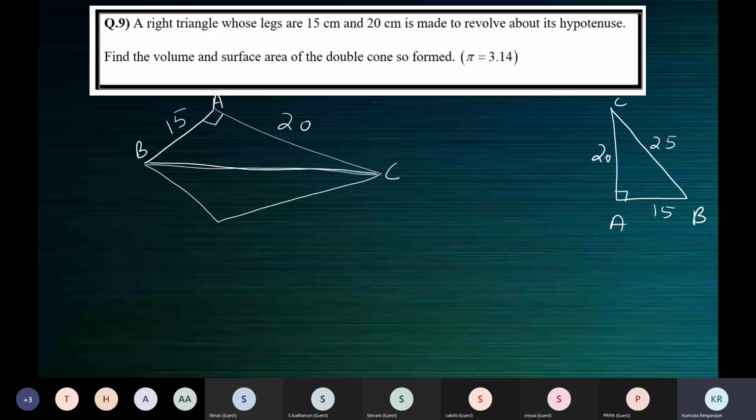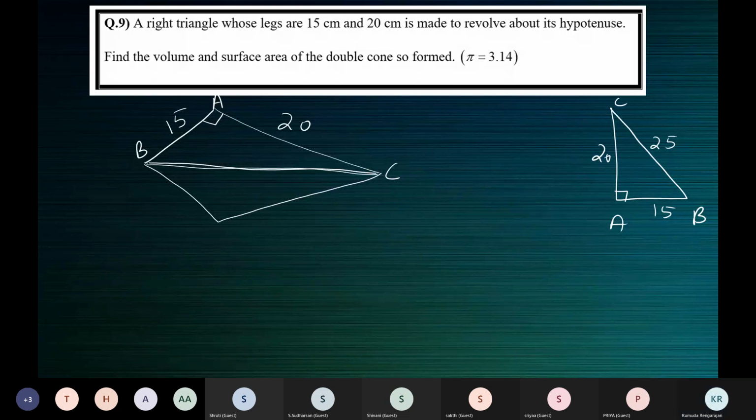You have a right triangle ABC, right angle at A. The legs are 15 centimeters and 20 centimeters. Using Pythagoras theorem, you find the length of the hypotenuse, which is not given: 25 centimeters.